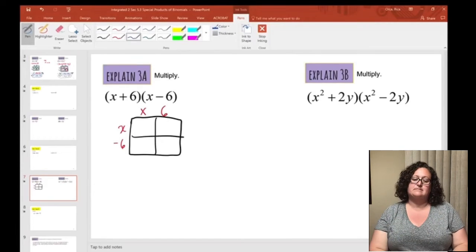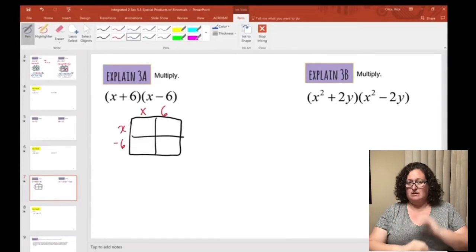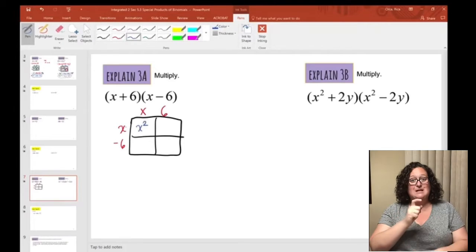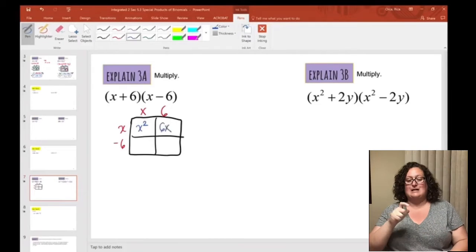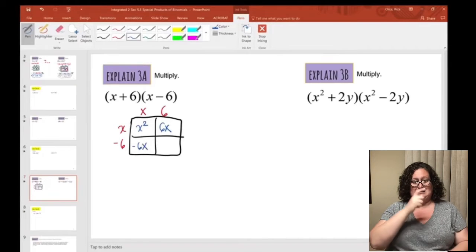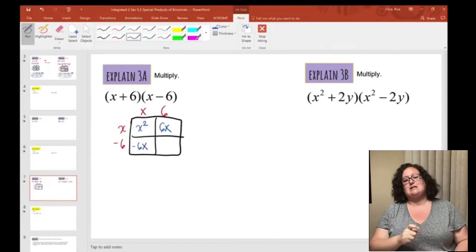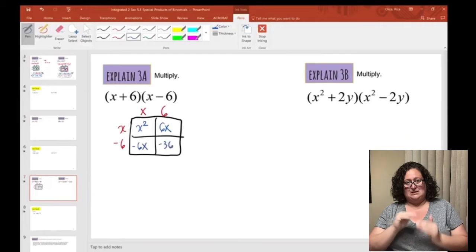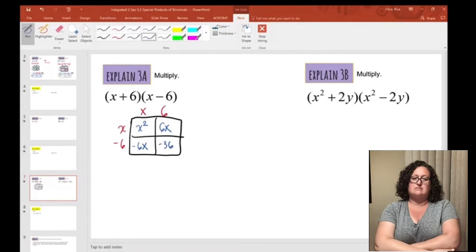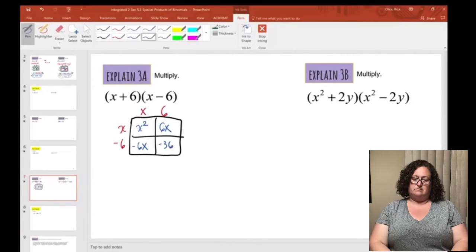Now we're ready to fill this in. X times x is x squared. X times 6 is 6x. Negative 6 times x is negative 6x, and negative 6 times 6 is negative 36. Combine like terms.